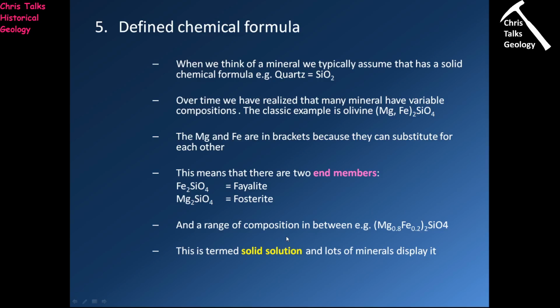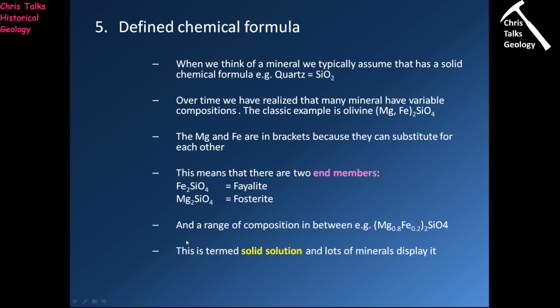So for instance, if we look at a normal olivine mineral and we analyze it, we might get something that looks like this: magnesium 0.8, iron 0.2. That would mean this particular olivine crystal would be 80% magnesium, 20% iron, and then SiO2. So this shows us the breakdown, the ratio between these two metals in the crystal.